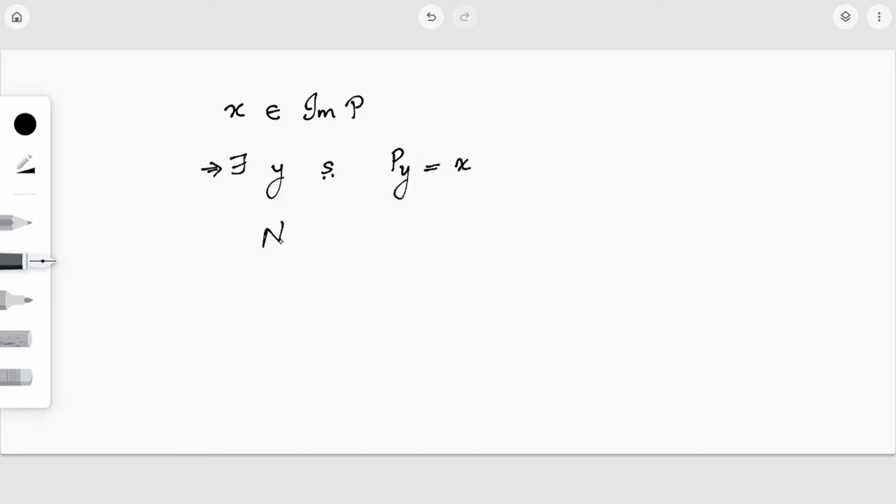Now P is a projection, right? So P of y will be the same as P square of y. So P of y and P square of y are the same.